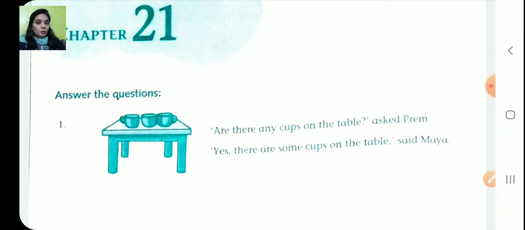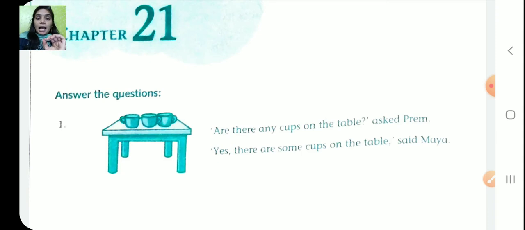Countable nouns are things which we can count, like cups, pencils, books. And the things which we cannot count, like water, coffee, tea, rice, sugar, hair, are uncountable nouns. So remember this, because this is what we are going to use in this chapter.